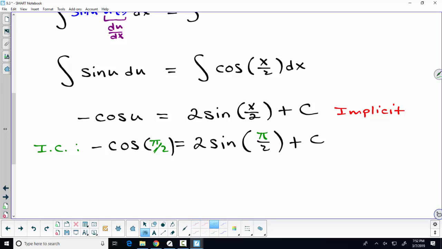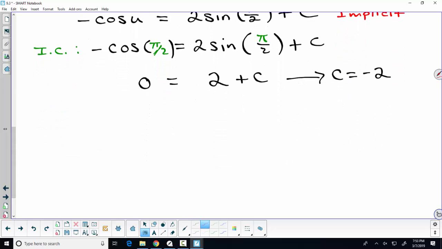Nice, we're good. So what does c equal? Yeah, so we've got 0 on this side. 2 sine of pi over 2 gives us, sine of pi over 2 is 1, times 2, plus c. C is negative 2. No, C is plus. Right? Well, no, because it's 0 equals 2 plus c, so c has to be negative 2.